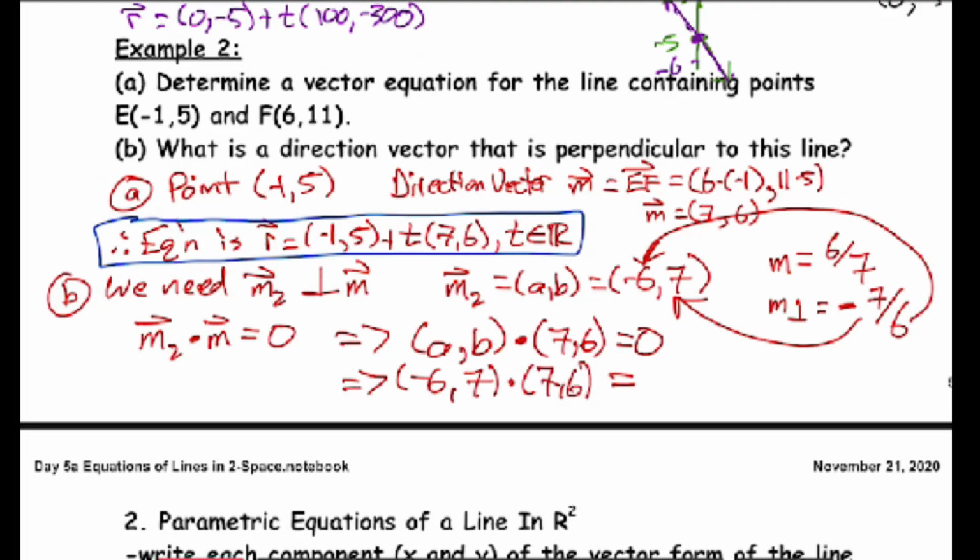So I'm going to have -6 times 7 plus 7 times 6. So -42 plus 42, which of course equals 0. So there we go. The question said, what is a direction vector that is perpendicular to this line?